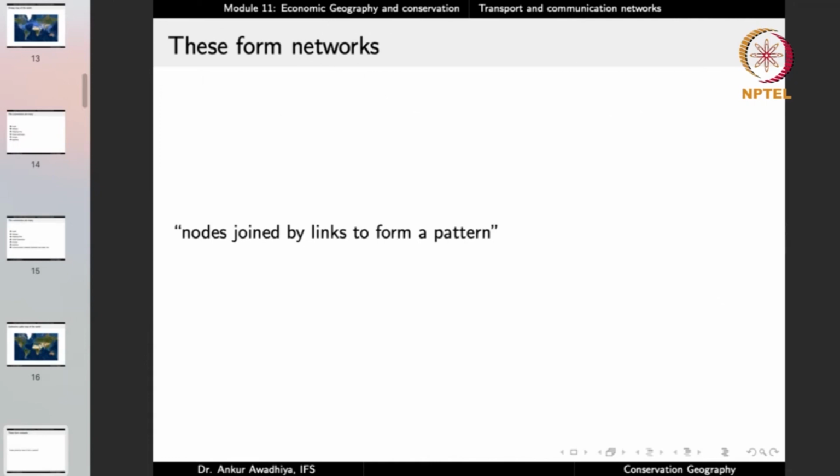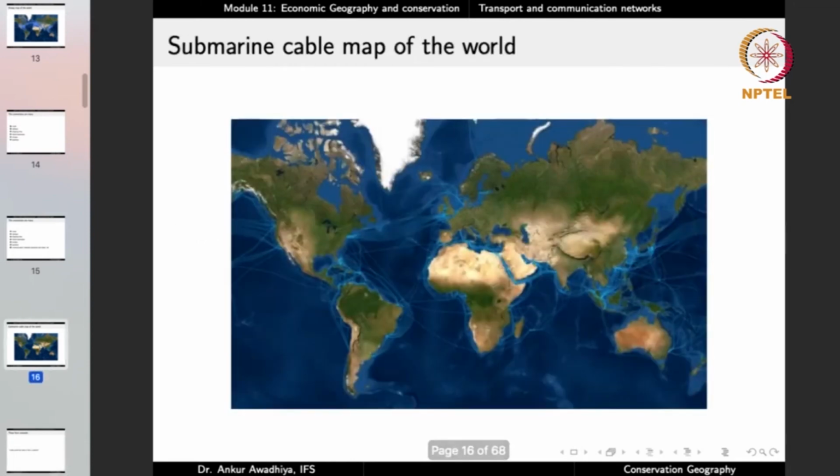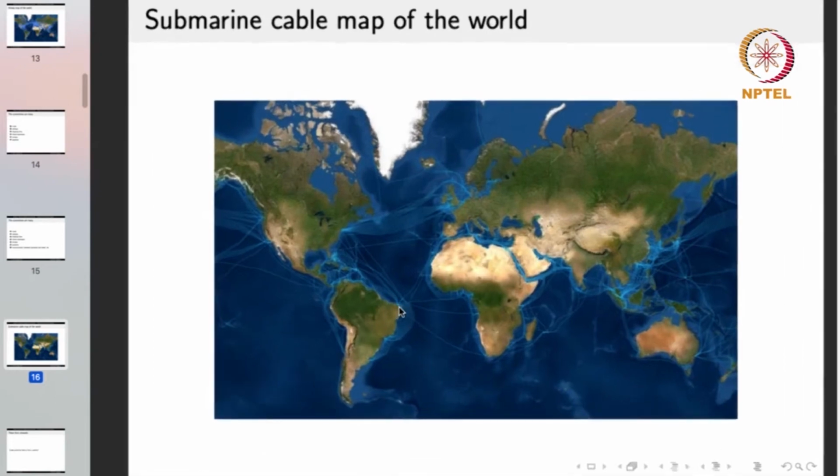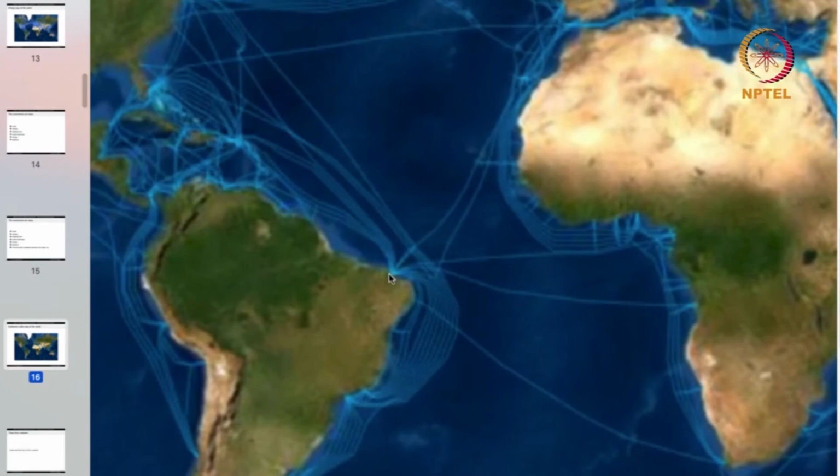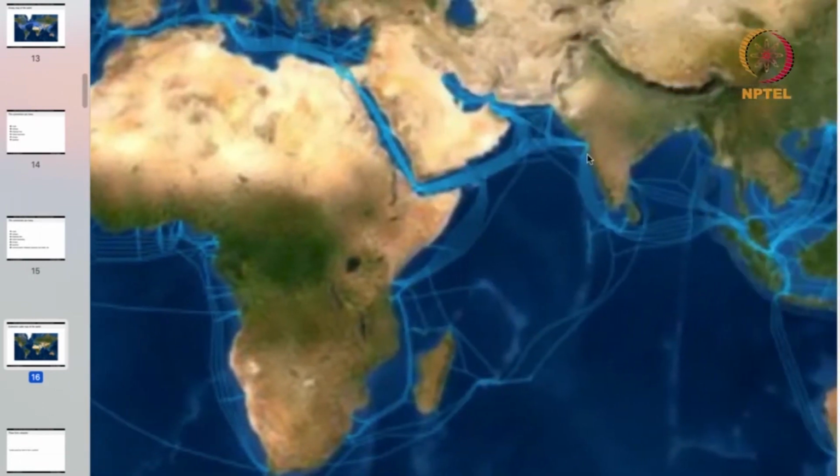A network refers to a set of nodes that are joined by links to form a pattern. So if we look at any of these maps, we can find that a point like this is a node, and this node is being joined with other nodes through these connections, and these form a pattern. So anywhere you look, you will find that there are certain nodes in these areas.